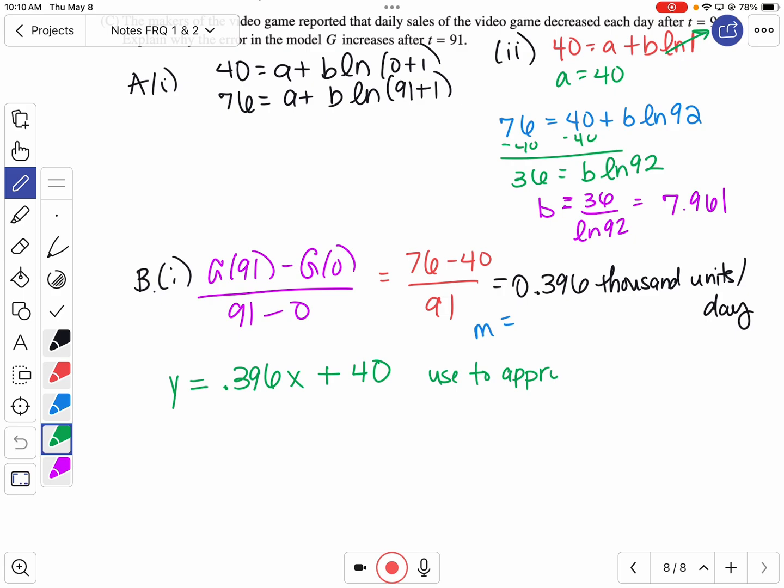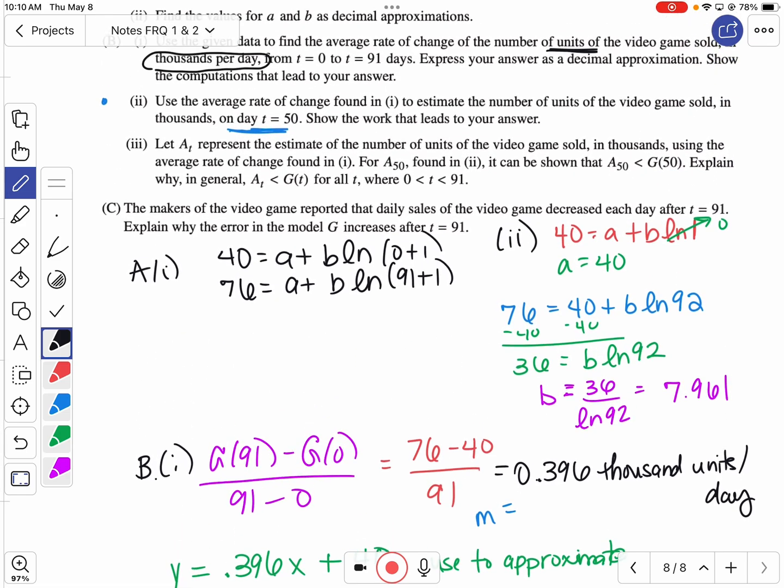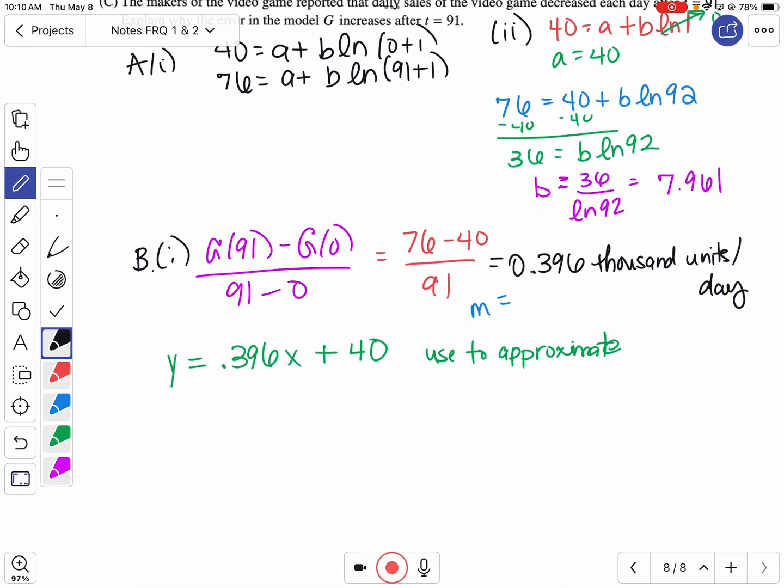Now, the approximation they ask me to make is at t equals, what, 50? Yes, at 50, right? So we're going to approximate it. Y at 50 is going to be 0.396 times 50 plus 40.